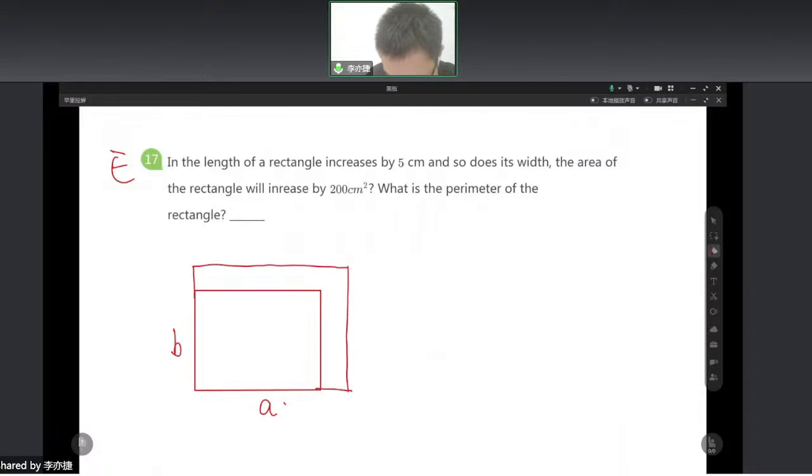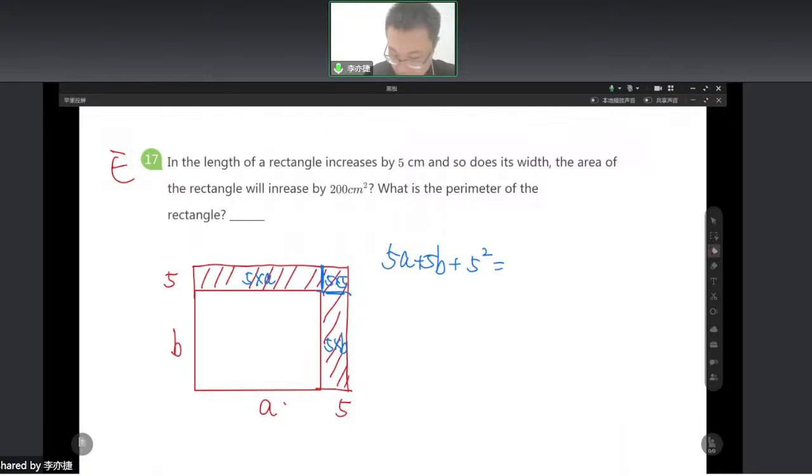So if this increased by 5, and this is the increasing area. But how do we identify the increasing area? We just cut it into 3 pieces. So this is 5 times 5, this is 5 times A, and this is 5 times B. So it's quite obvious. The area difference is 5A plus 5B plus 5 squared, equal to 200.